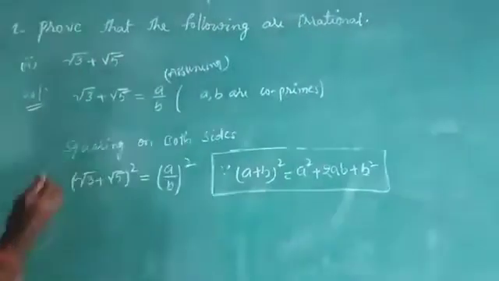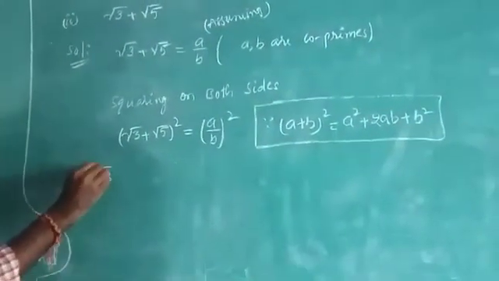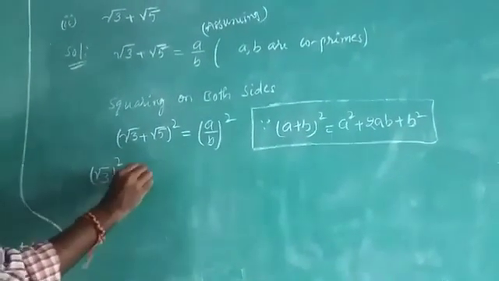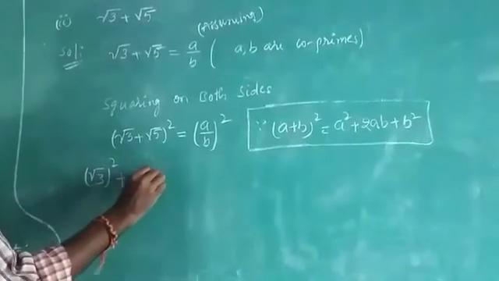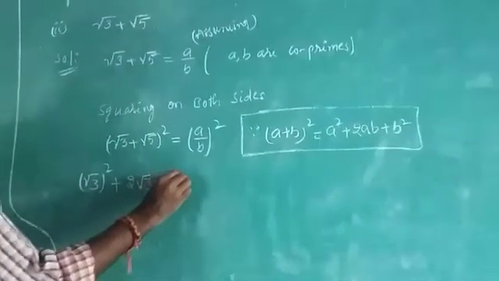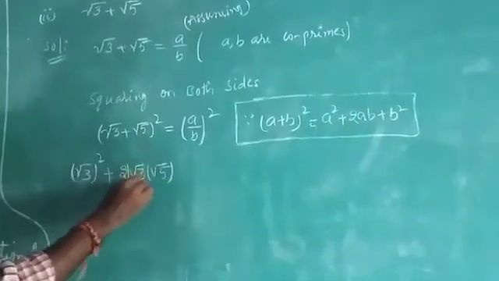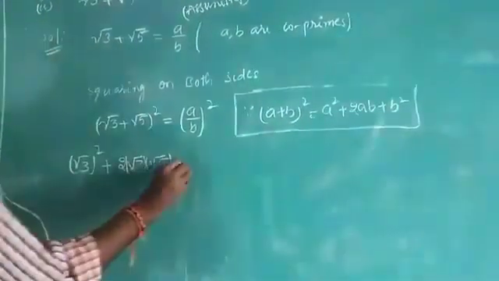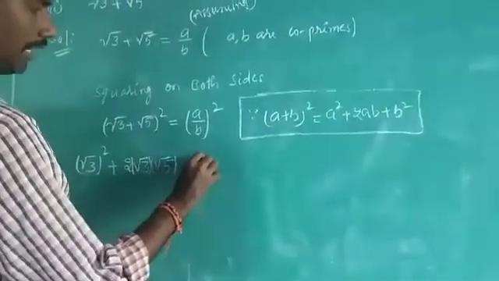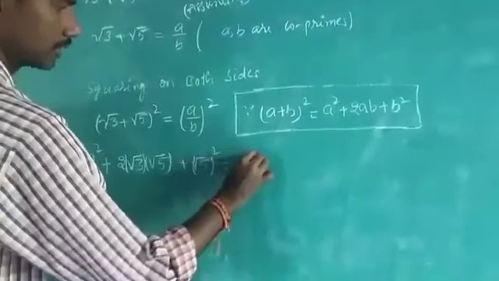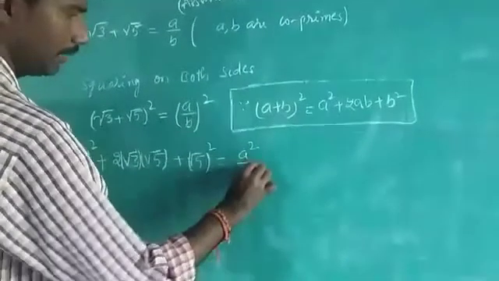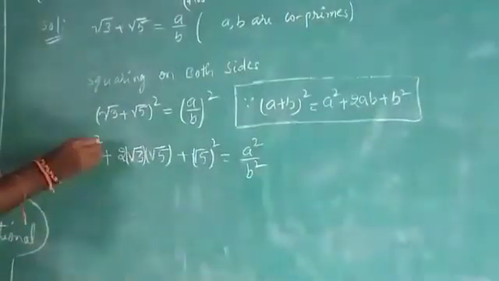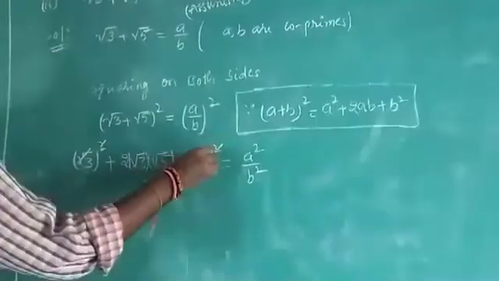So according to that, I am applying (root 3)^2 + 2ab + (root 5)^2 = a^2/b^2. Then observe, the square roots get cancelled.